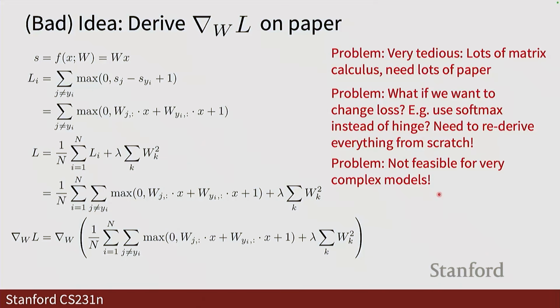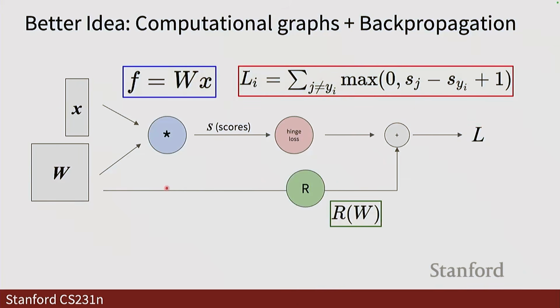The other problem is, what if you want to change the loss slightly different from what we've done on paper, all of the calculations over. So in that case, again, we have to redo the entire thing. And finally, this becomes intractable and sometimes infeasible if the loss function is complex. So with complex functions, that's going to be even harder.